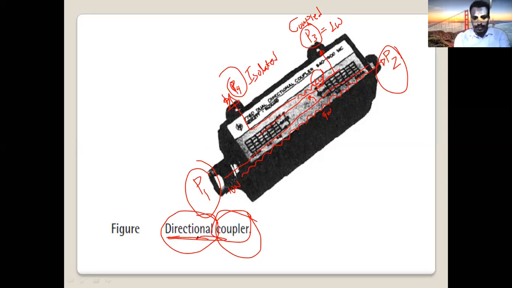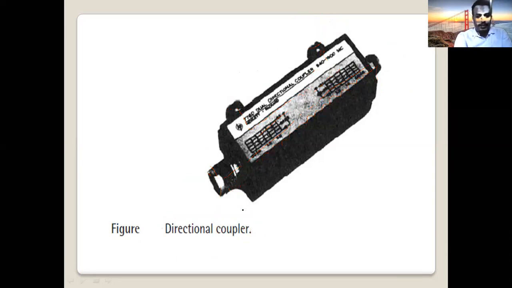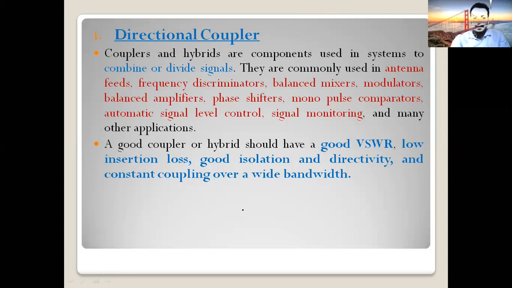So we call it a directional coupler, a device used to couple, or transfer, a small part of a signal into port number 3, the coupled port. That's how we define a directional coupler.